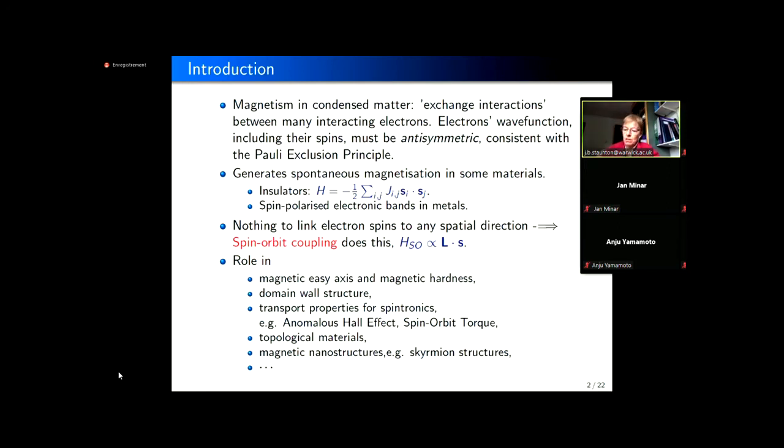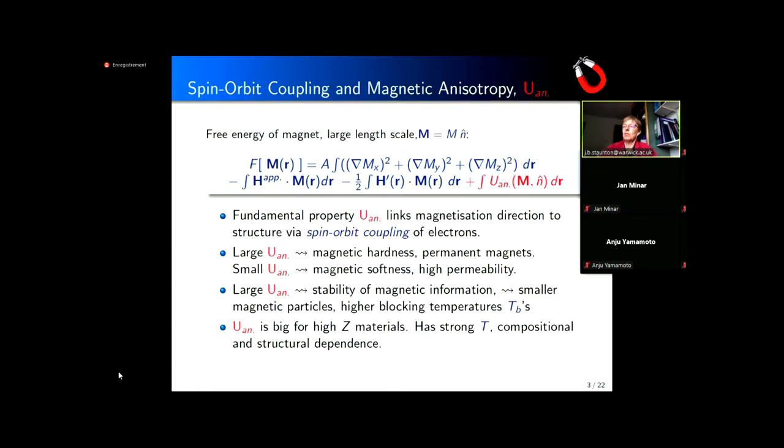Okay, so that's by way of an introduction. Before I talk about the more detailed aspects of multiple scattering, I'd like to concentrate on how one sets about modelling magnets at relatively long length scales. Here the free energy of a magnet is written down, and a key contribution to that expression, as you can see here in red, is a term which I've labelled as uniaxial, an anisotropy term.